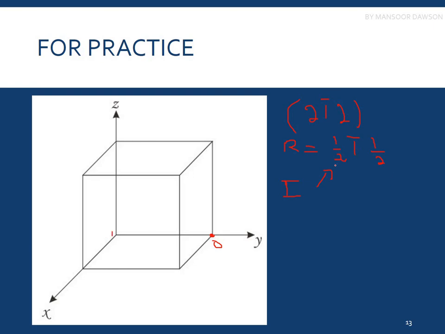So we are going negative 1 in the y direction, then half in the z direction, which is the positive z direction, and half in the x direction, which is positive. So this would be our plane for 2 negative 1 2.